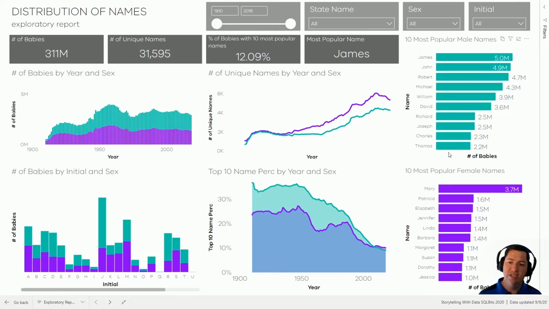So first thing to notice, you will see that we are using basically the Wimbledon colors, green and purple. When I first developed this data set and these reports, I was using pink and blue, because the design decision behind that was basically people already associate pink and blue with the different sexes, and it would be intuitive, and it would minimize the cognitive load, so people would automatically know what they're looking at.